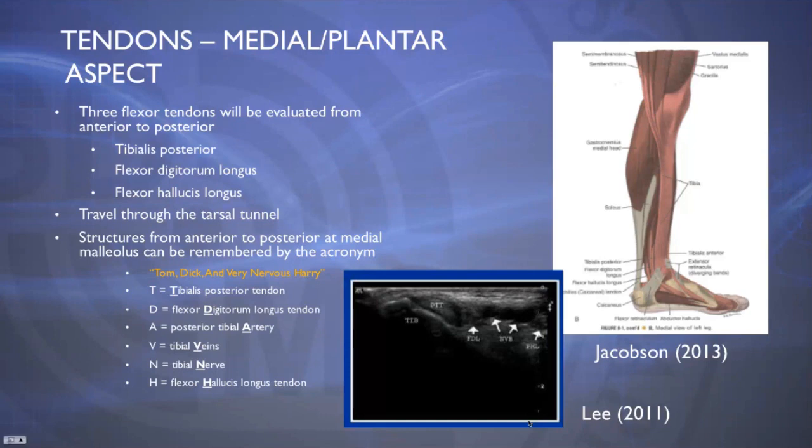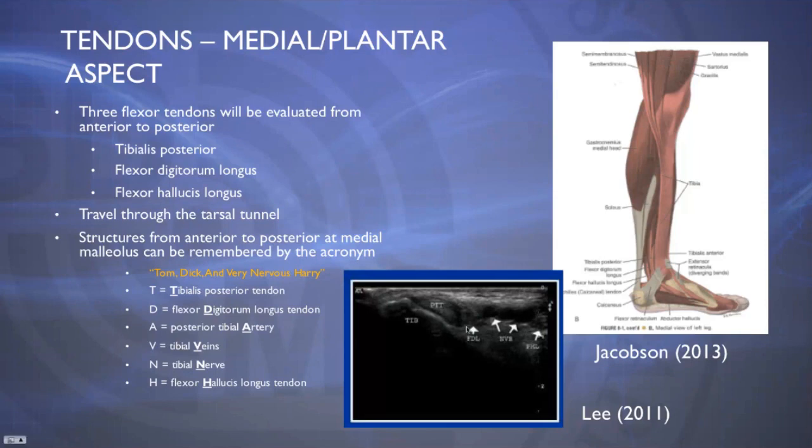The structures from anterior to posterior can really be best remembered by using the acronym Tom, Dick, and Very Nervous Harry, where Tom, or the T, stands for the tibialis posterior tendon, which is located right here. The D stands for the flexor digitorum longus tendon, which is located at the next arrow right over here.